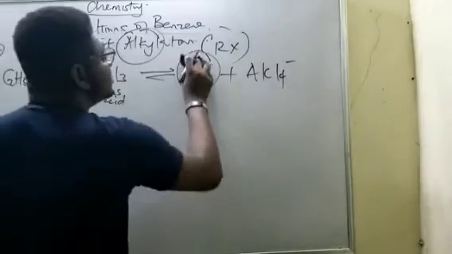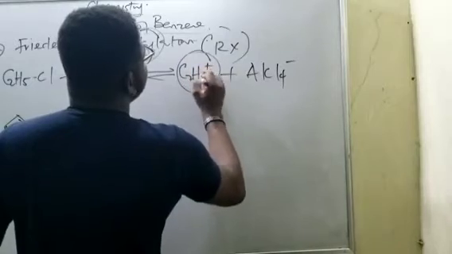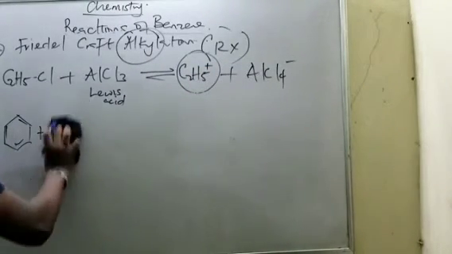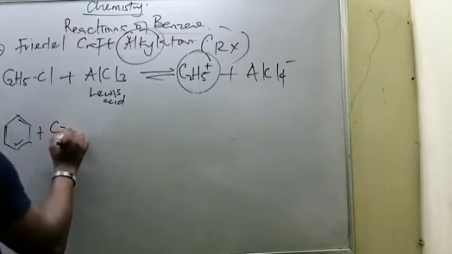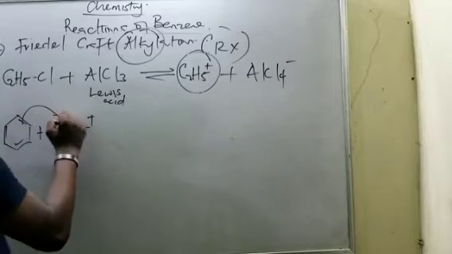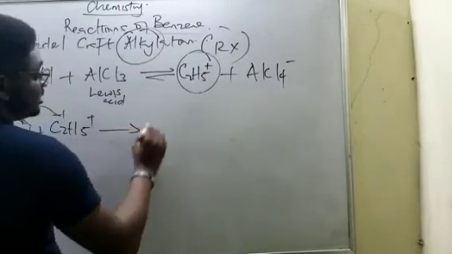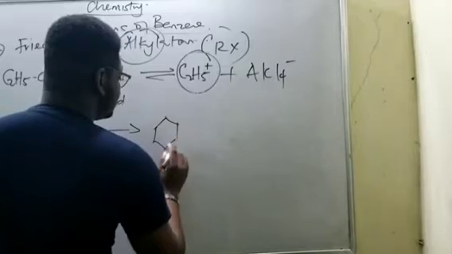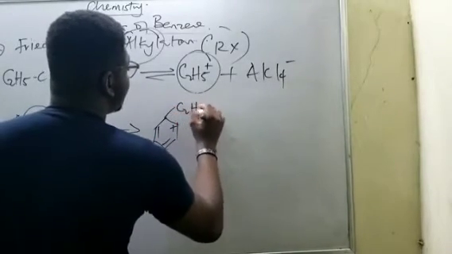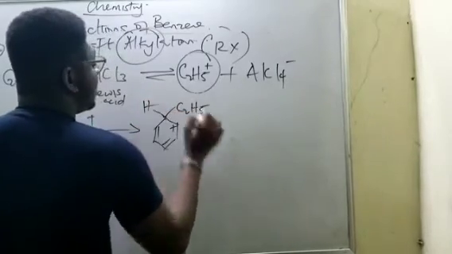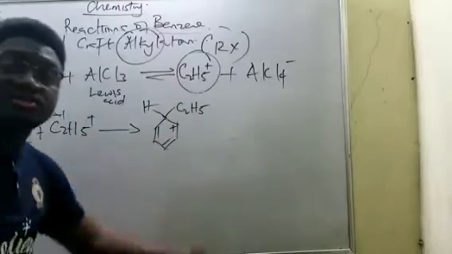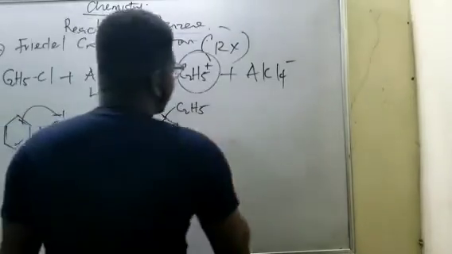So we have something of this sort, and this becomes the C2H5 carbocation. The same process all over again. So we have this C2H5, then our hydrogen.